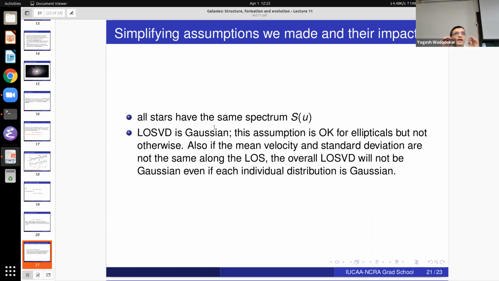So you can actually get the spectrum of a galaxy simply by adding together the spectra of its individual stars. Each one of them will have a different line of sight velocity. So you can't get an overall Gaussian distributed F(LOS) because a sum of Gaussians is not a Gaussian.